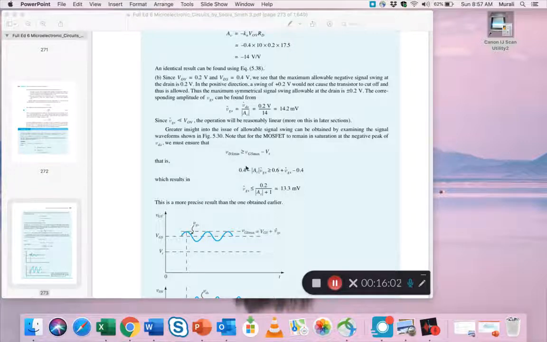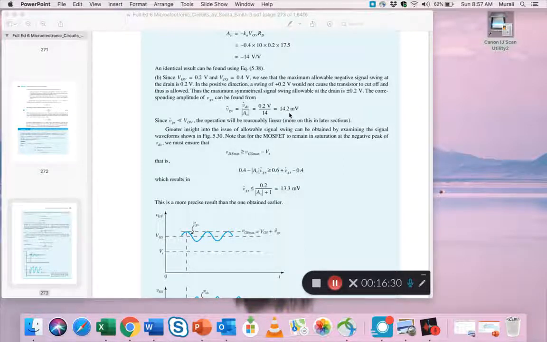But he has used a slightly different approach, and I don't know where this formula came from. It must be in the textbook somewhere. I didn't think it was important, but using this and some more calculations, he's able to prove that instead of this 14.2 on the input, it's actually 13.3. So there's a slight error, and he says this is a more precise result.